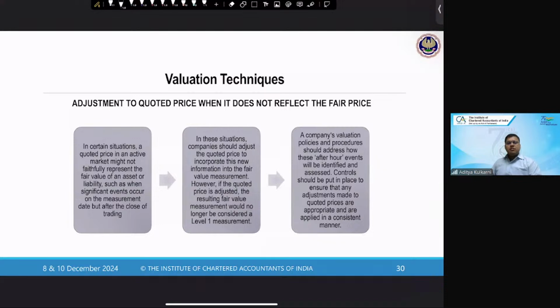Today we'll be having some question solving, and largely the theory of what we have studied so far will be applied today. The only new part left is application of fair value concepts to liabilities and equity. That is the only new thing which we will be discussing today.